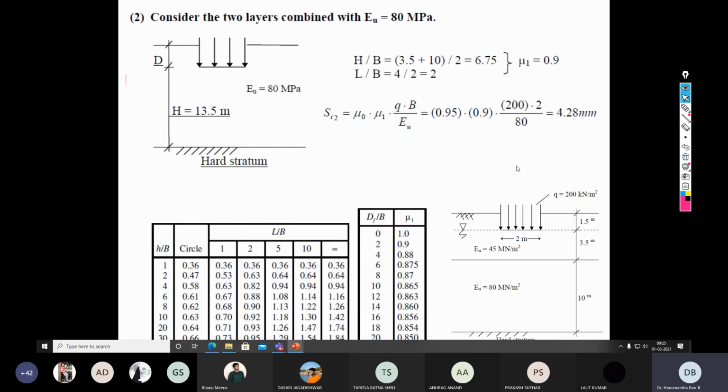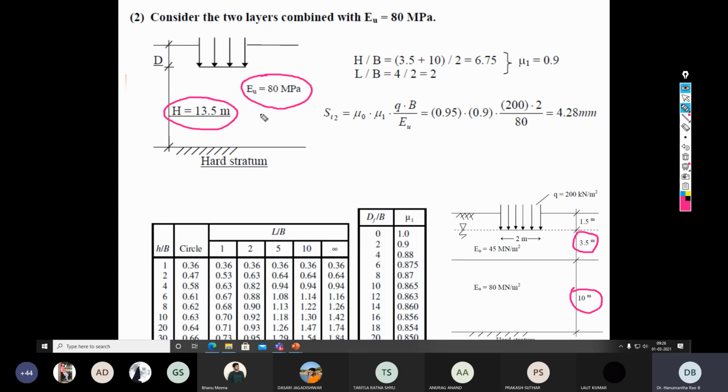Now, in the second case, assume the thickness of the total layer is 10 plus 3.5, so 13.5 meter, and assume that the elastic modulus of the soil is 80 megapascals for the whole depth of 13.5 meter. This is a hypothetical condition again.